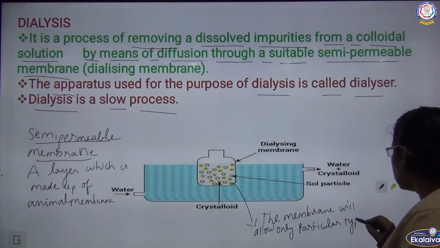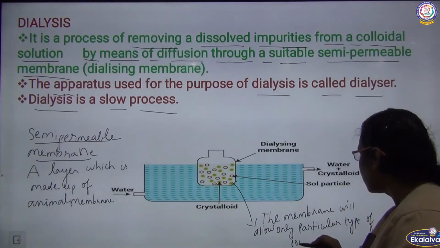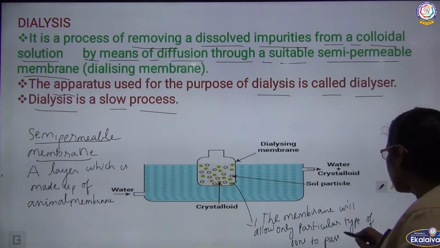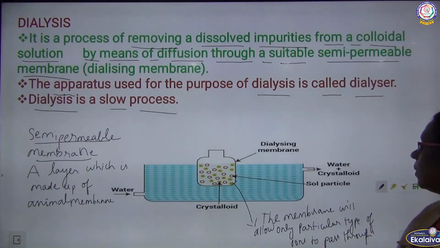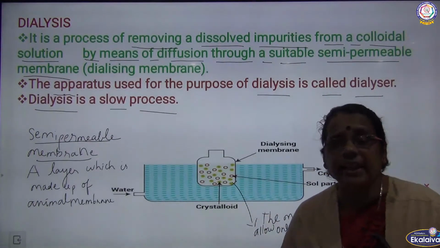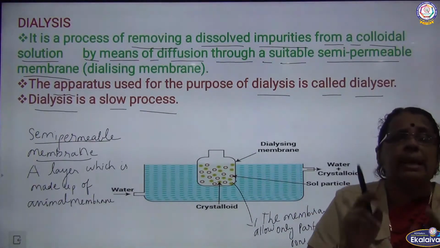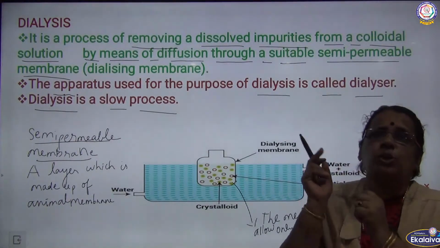We take the colloidal solution in a bag made up of semi-permeable membrane, that is animal membrane, which will allow only one type of particles to pass through.